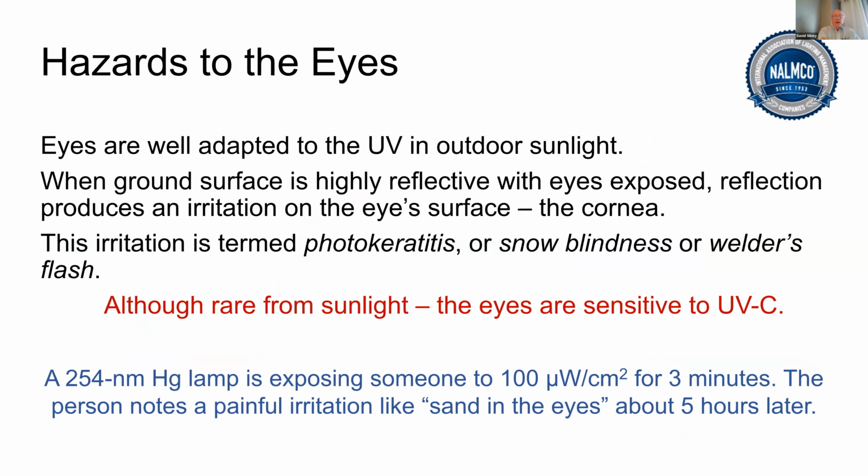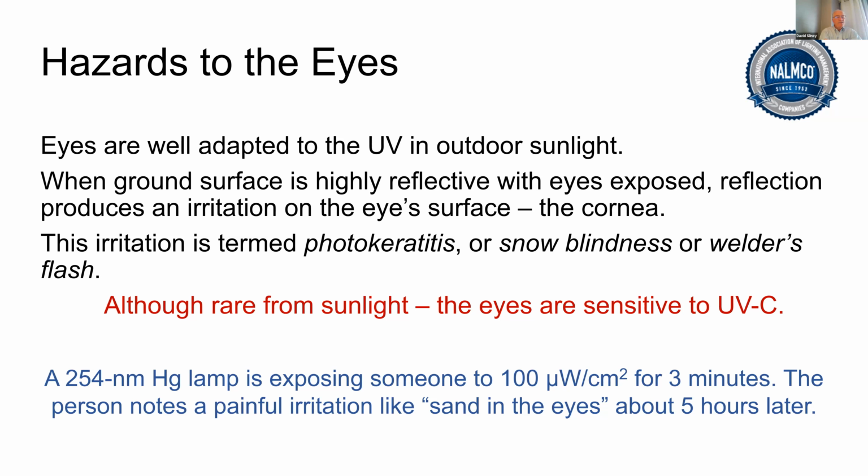So it's really interesting when you start to study the UV hazards to the eye, how well the eyes are adapted to the outdoor UV in sunlight. Normally, the most intense UV falling on Earth is when the sun is very, very high in the sky, which only happens in the late spring and the early summer, when the sun can get right above you practically.